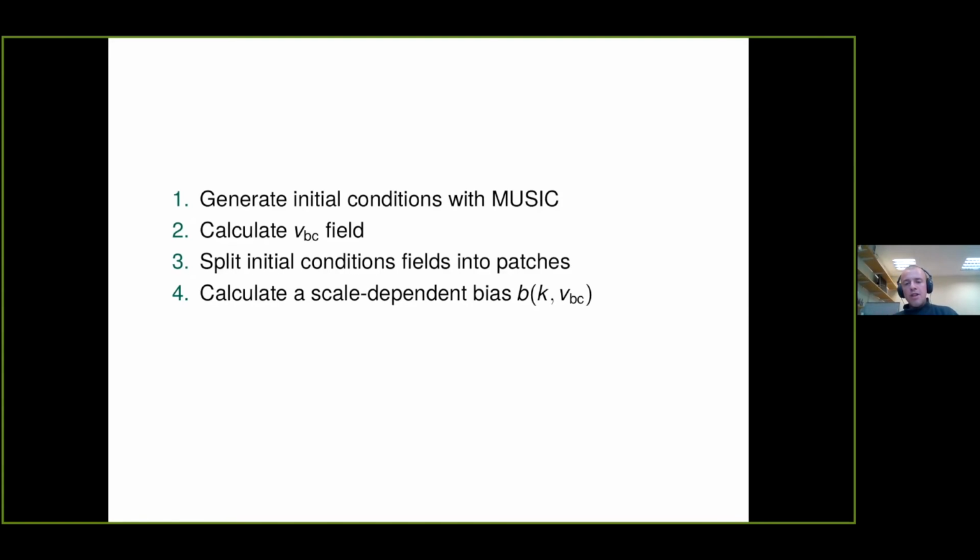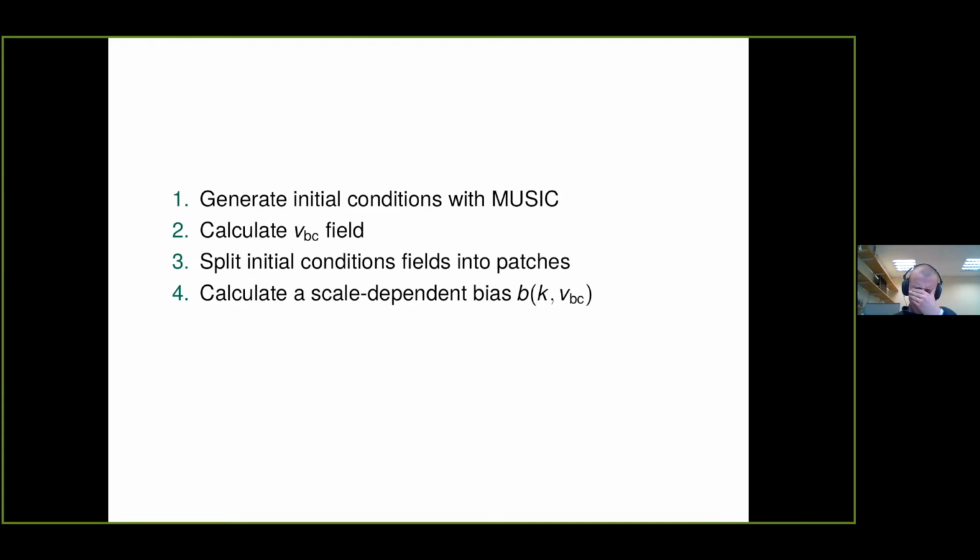And the way we incorporate this effect is we look at each patch and we say, by how much should the overdensity in this patch be reduced if we properly accounted for the VBC effect from recombination to the start time of the simulation. So remember, these transfer functions that you get from CAMB are just the linear transfer functions.